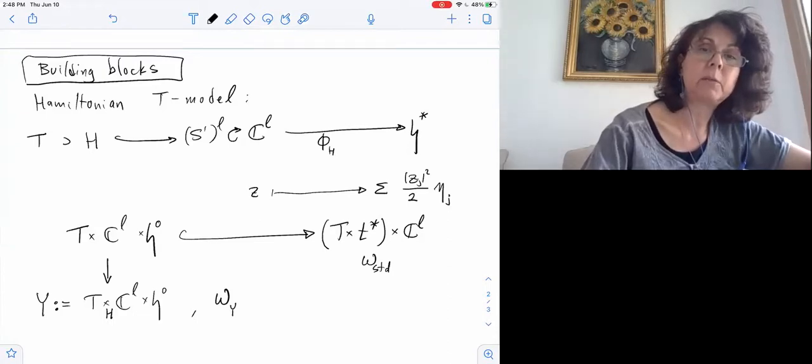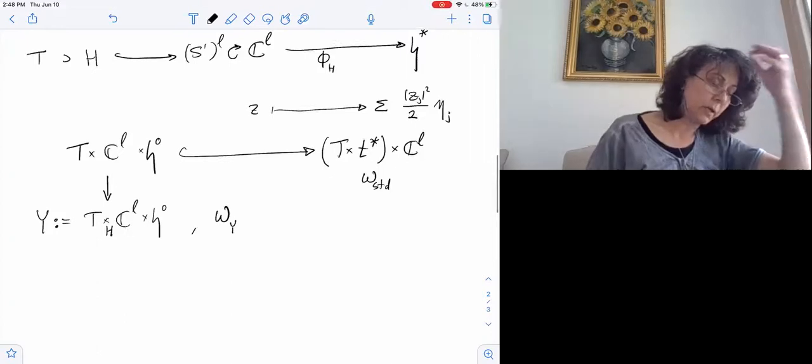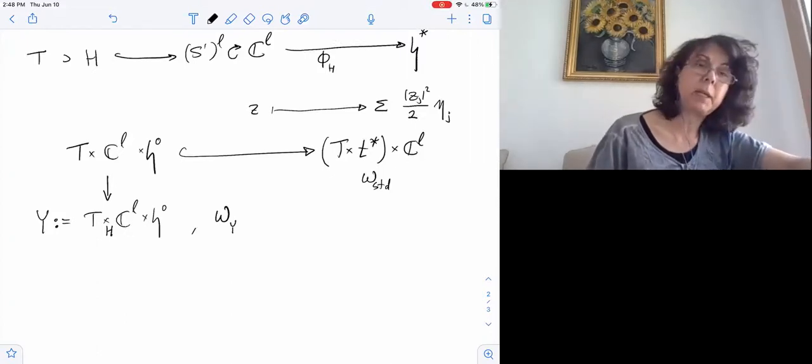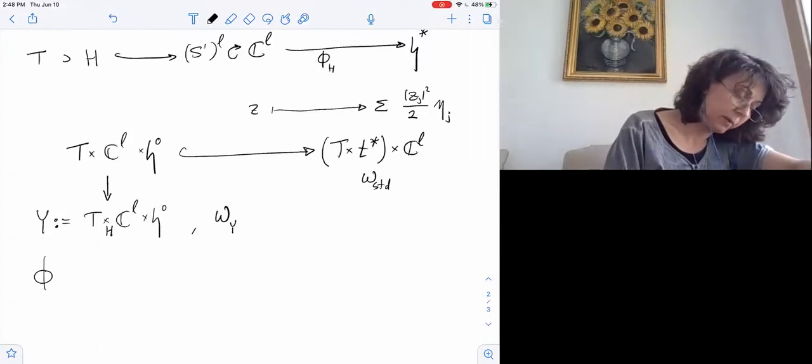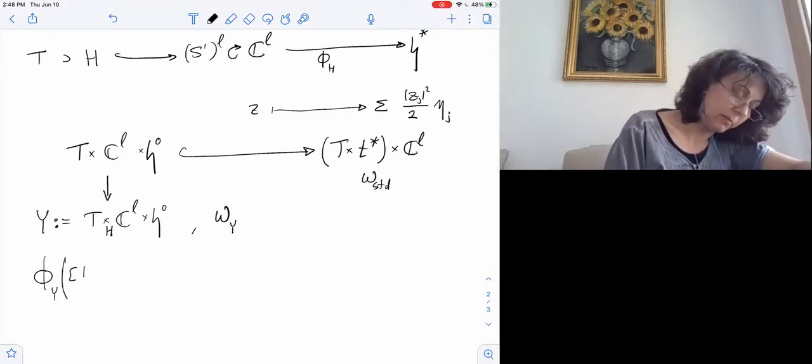So we have a Hamiltonian torus action on Y. The torus acts by left multiplication, and the momentum map can be written very explicitly. You need a little choice for that, but it's the same formula.